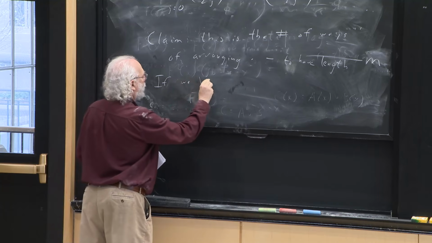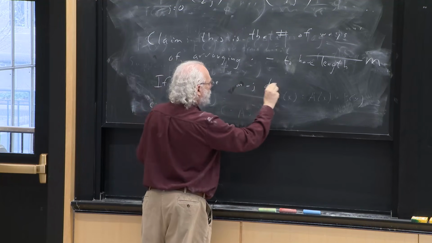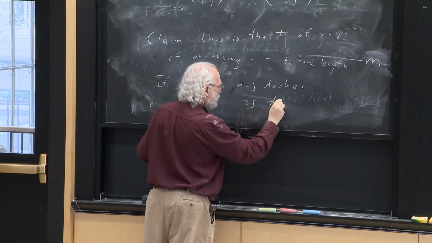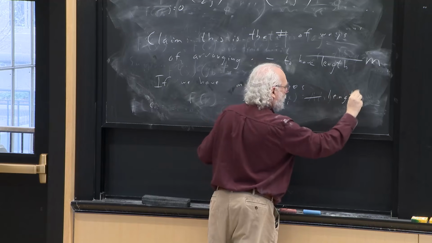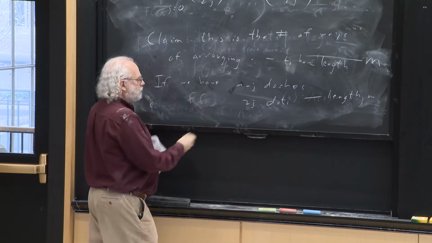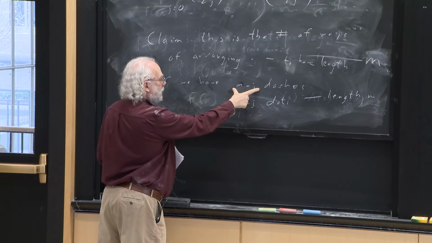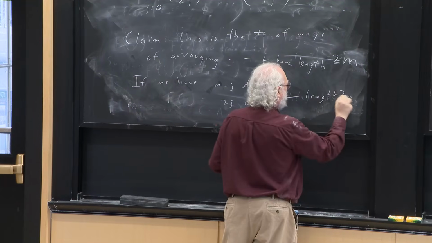If we have m minus j dashes and 2j dots, you get length 2m, since the dots are length 1 and the dashes are length 2.